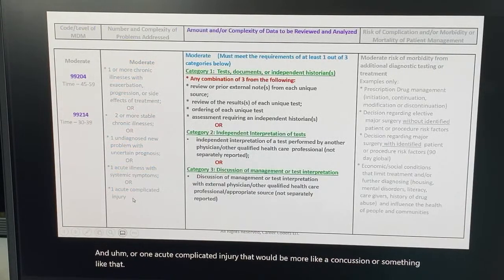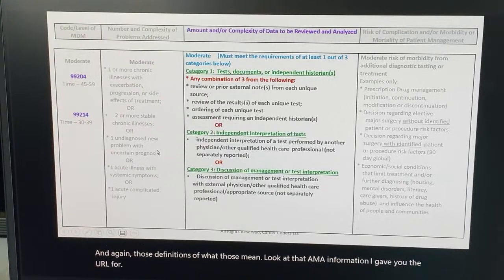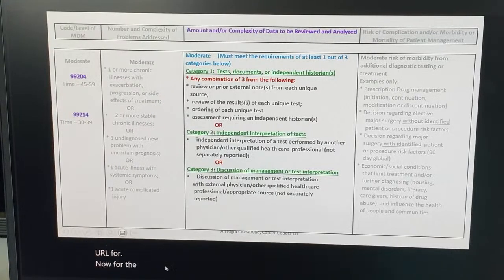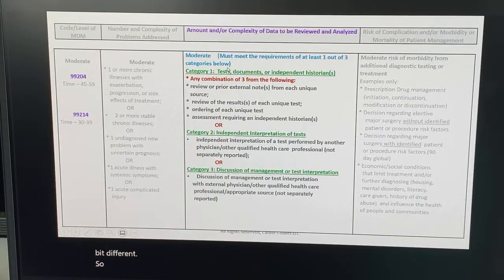And again, those definitions of what those mean, look at that AMA information I gave you the URL for. Now, for the moderate MDM complexity of data, kind of the same as the one before, but just a little bit different. So before, we had category 1 and category 2 in 99213.